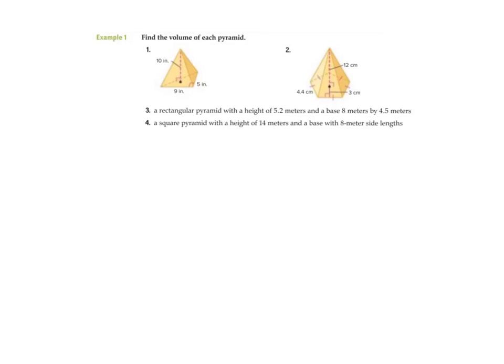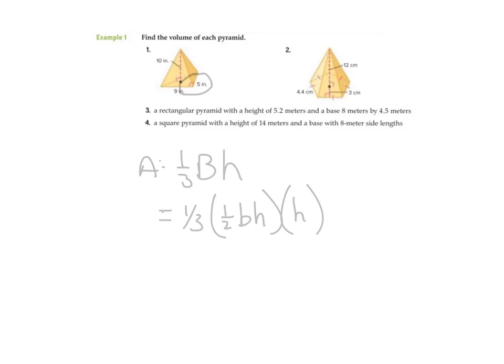First thing you need to notice, it's a right angled triangle, so its volume equals 1/3 of the base times the perpendicular height. Well, in this case it's 1/3, and then it's a half base times height. That's the area of the triangle, and your height is given there. So now start substituting in.